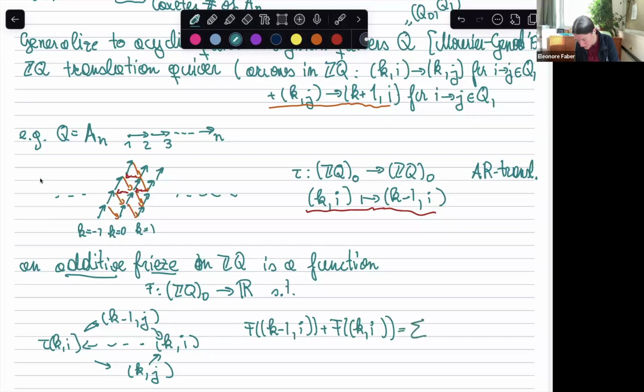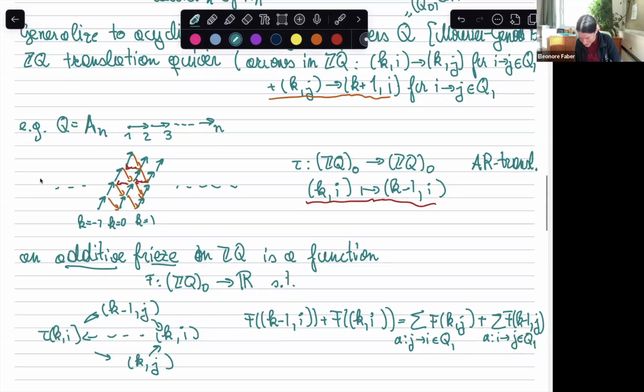This is the sum of f(k,j), where we have an arrow alpha from j to i in Q_1, and the f(k-1,j), an arrow alpha from i to j in Q_1.